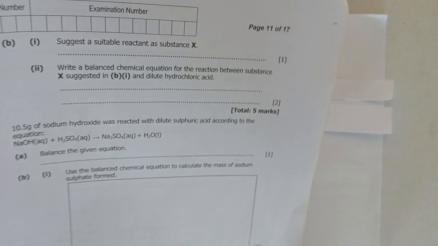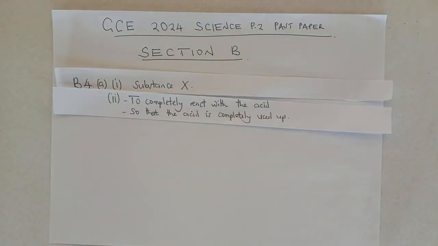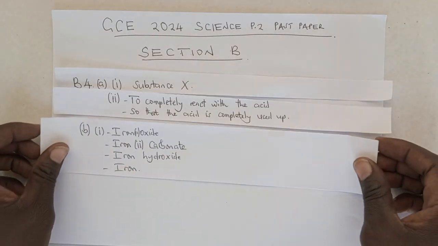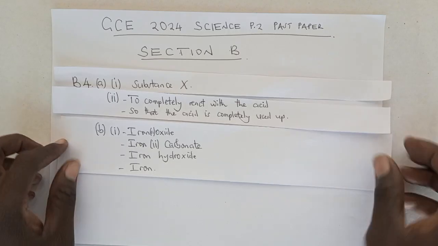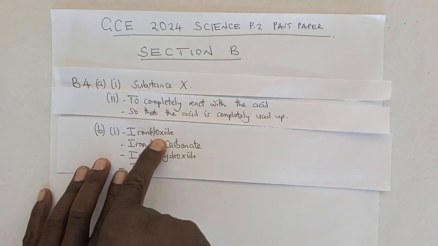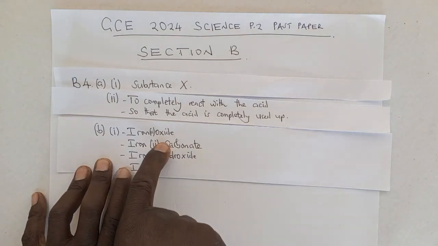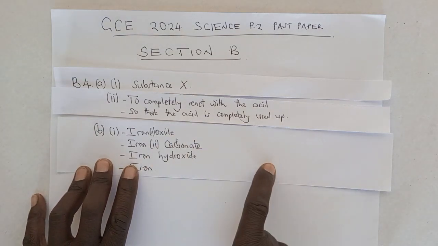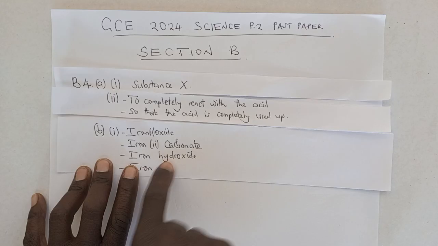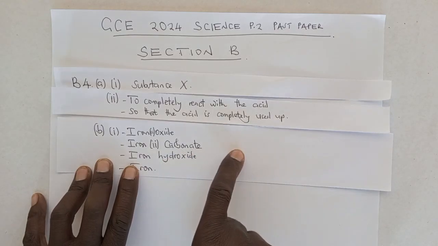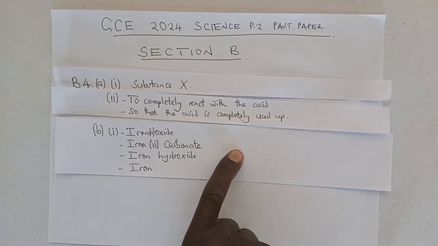So in this case, in my suggestion, I have the following. I have iron 2 oxide could react with dilute hydrochloric acid to produce the salt, which is iron chloride.